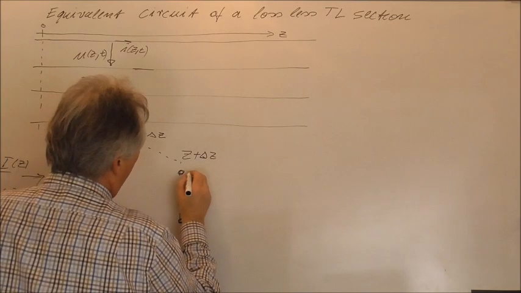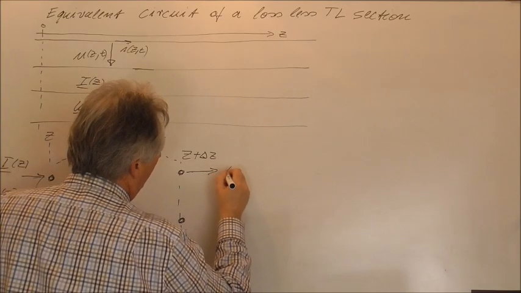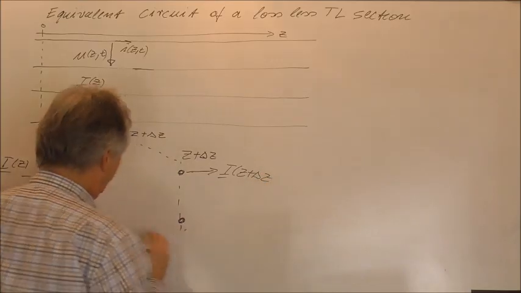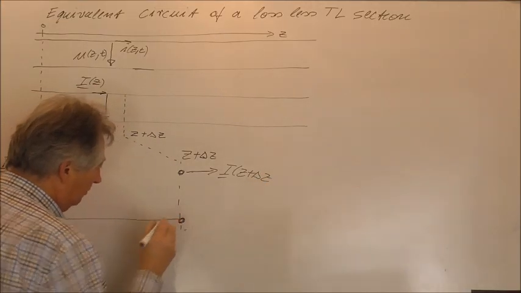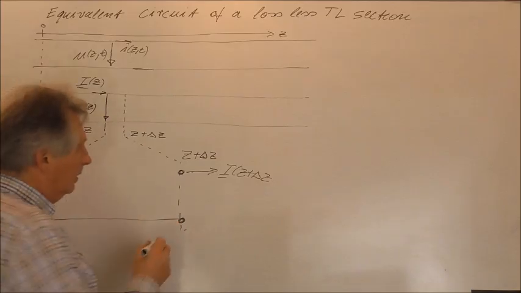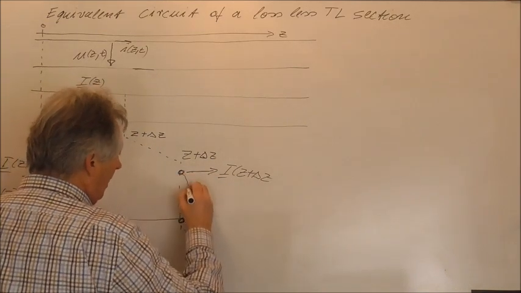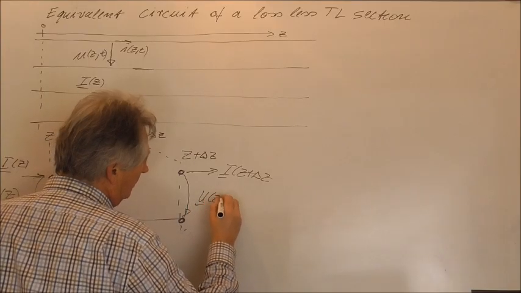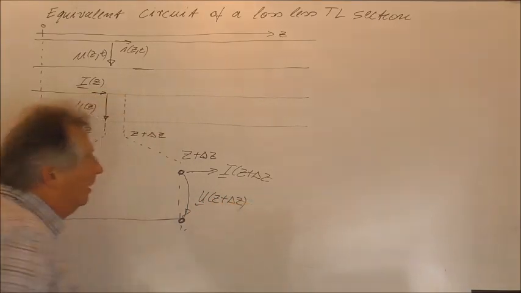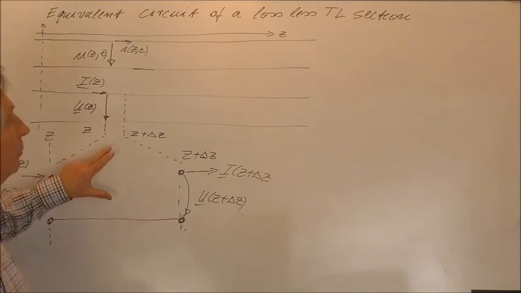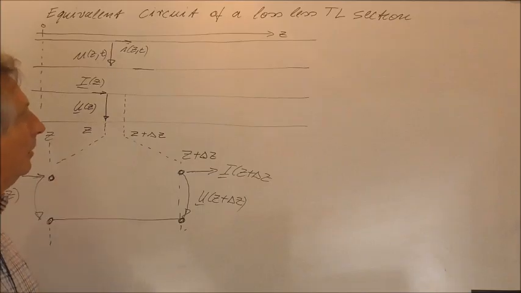And at this point we have flowing the current I of z plus delta z. Here, this is not a line, but in a mathematical sense these two points are identical. And here we have the voltage U of z plus delta z. And the question is now, how do we have to construct this equivalent circuit?